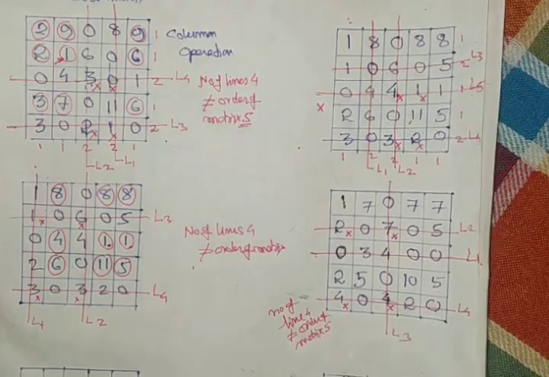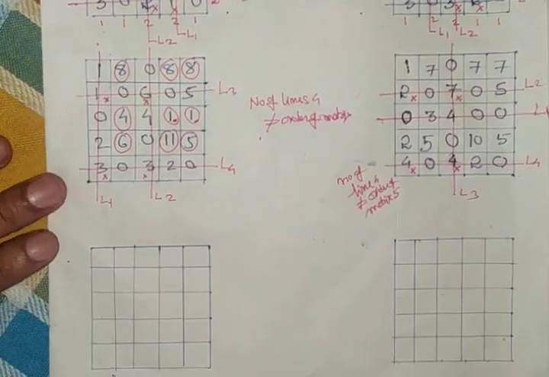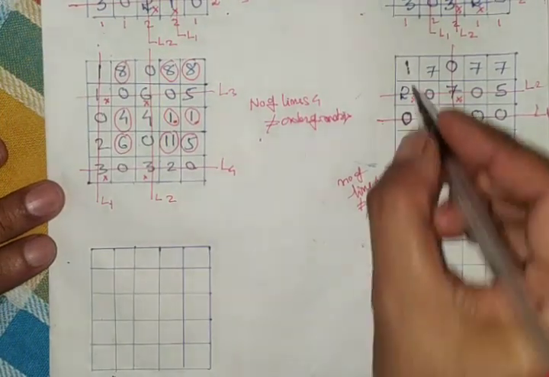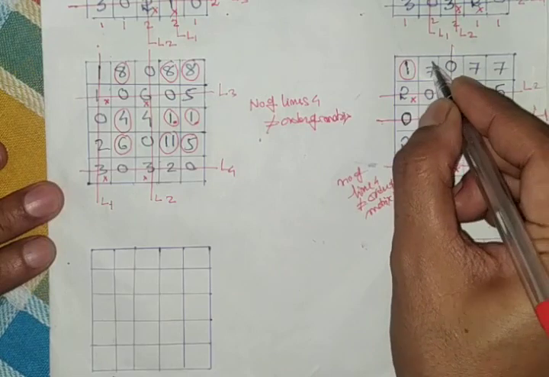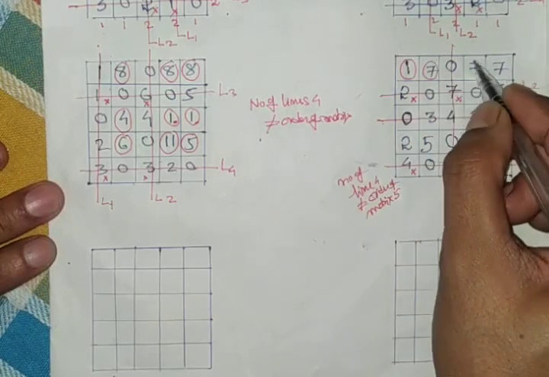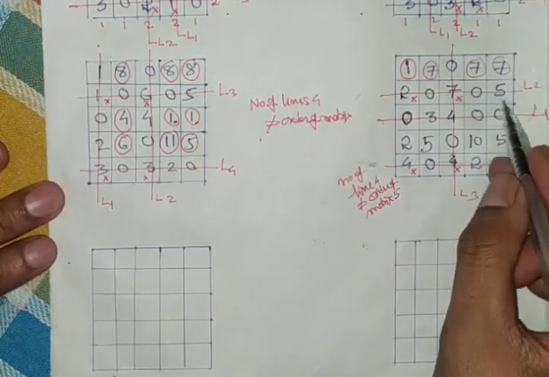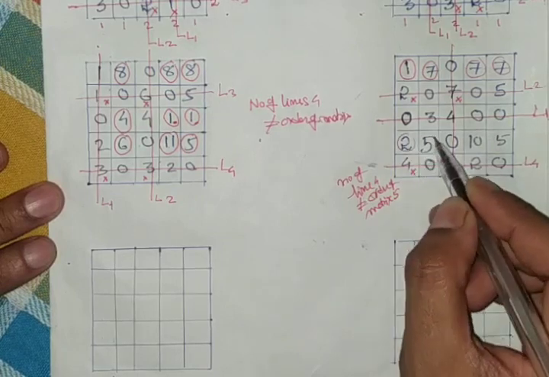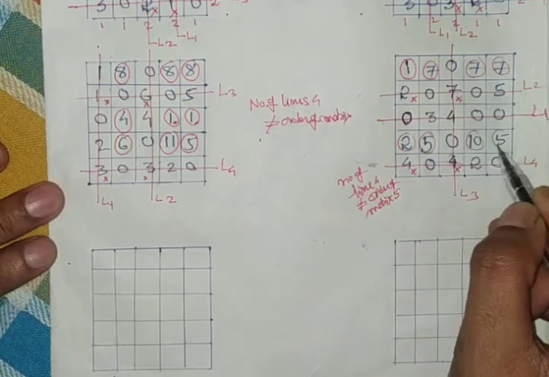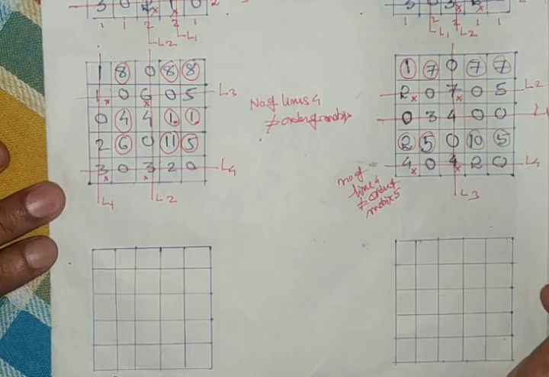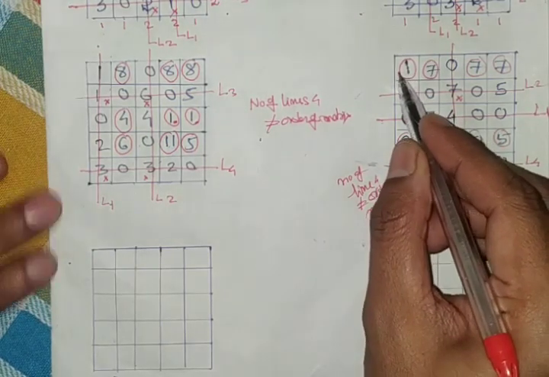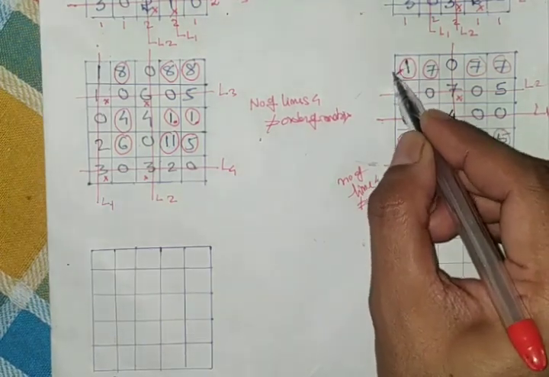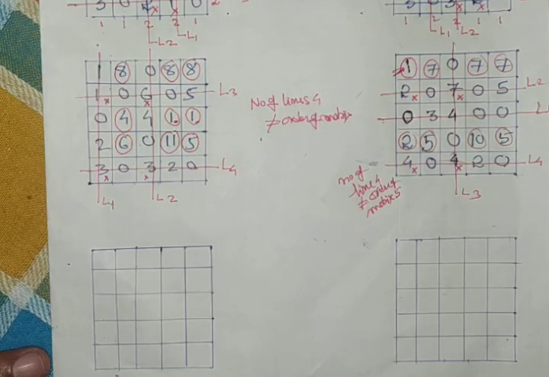So let's perform the operation here. Let's find the uncovered elements. This one is an uncovered element, this one, okay, and the minimum is 1 here, okay.